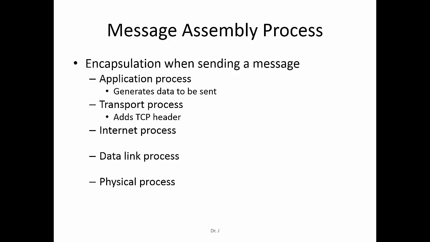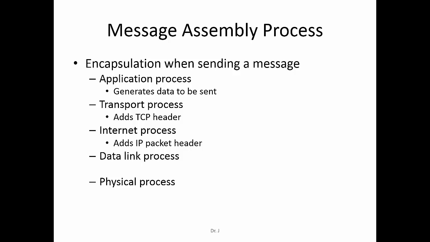The third process involved is called the internet process, and it adds the IP packet header to what's given to it, which is the combination of the data and the TCP header. On top of that, you're adding an IP header.